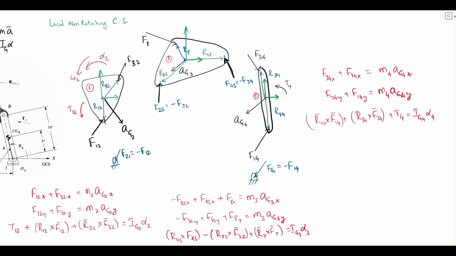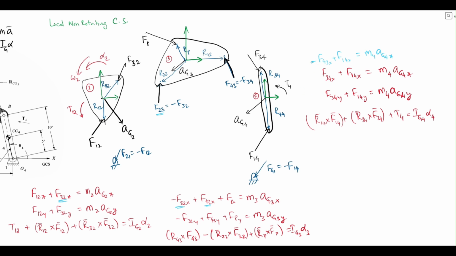Of course, just like earlier, where we had F32 here, we retained F32 so that we can avoid the F23. Similarly, we can retain F43, and instead of writing 34, we can replace this equation as minus F43x plus F14x is equal to M4 Ag4x, as I was trying to do earlier.